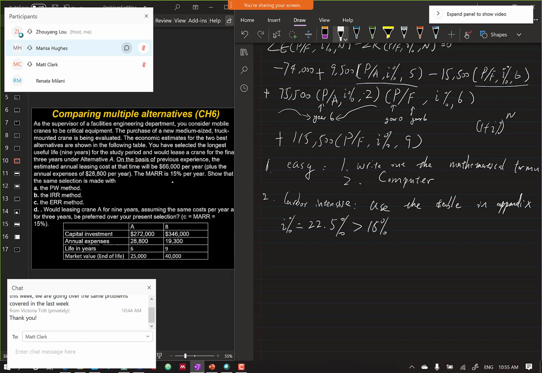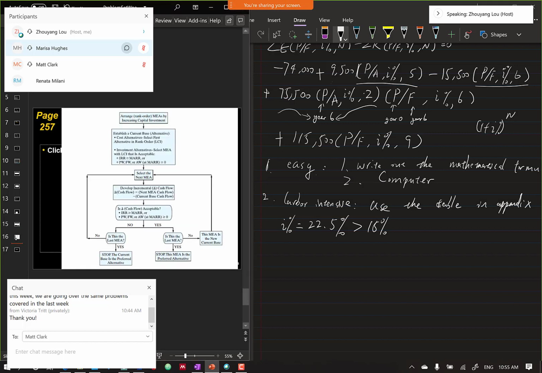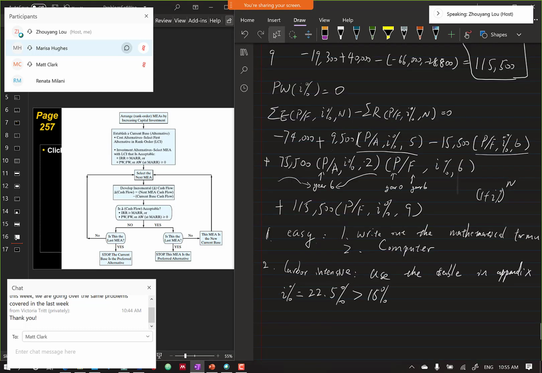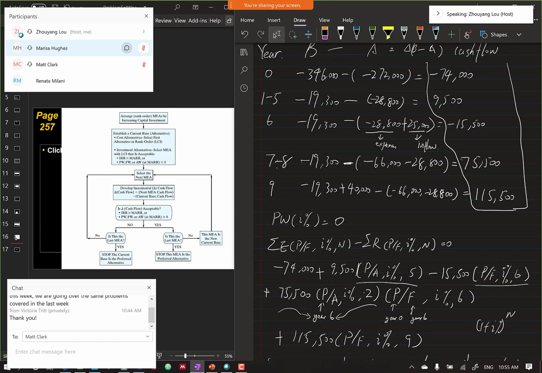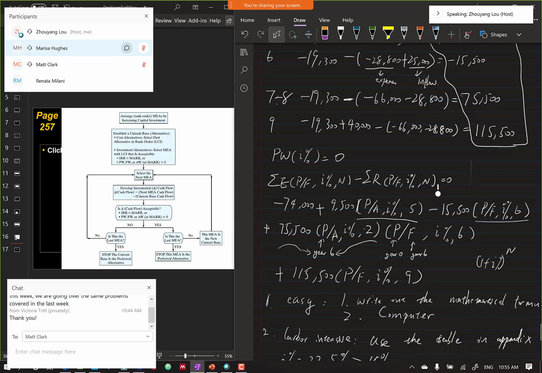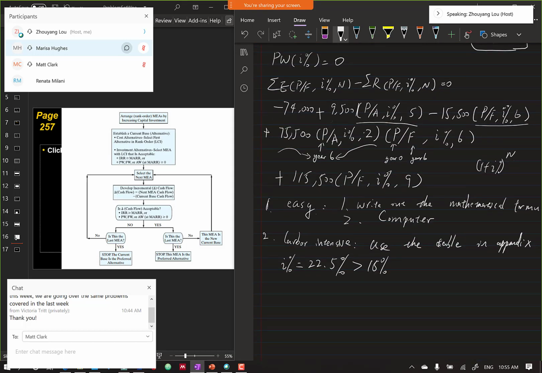As we have known from the IRR method in this chart, when the IRR is larger than or equal to the given interest rate, we can conclude the more expensive option is better. Since we set A as the baseline and use B to compare, and we get an IRR greater than the given interest rate, we can conclude B is better, so we can select B.